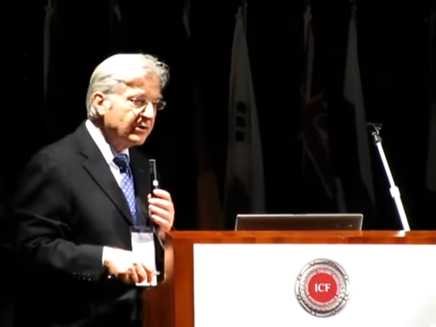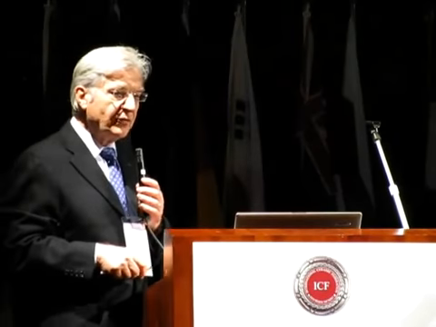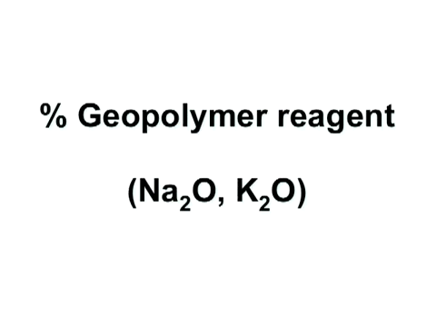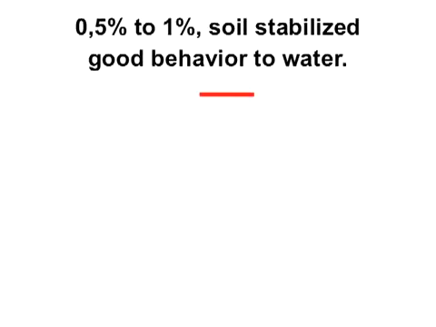So here now, a second parameter, it is the influence of the percentage of the chemistry that we have to add to the system. If we add 0.5 to 1%, we get a soil that is stabilized, that can be used. That's a good behavior to water.